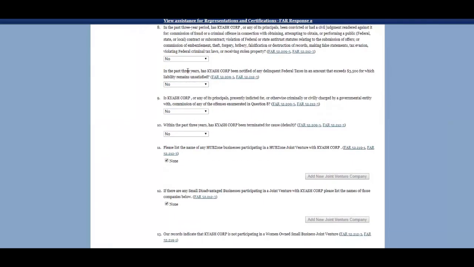Okay, in the last 3 years, has Kayash Corp been notified of any federal delinquent taxes in an amount that exceeds $3,500 for which liability remains unsatisfied?